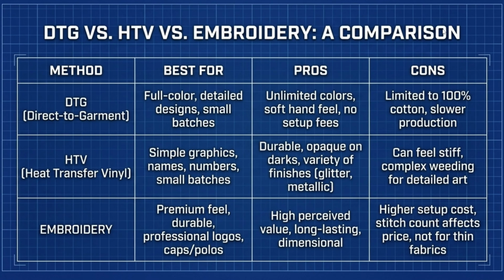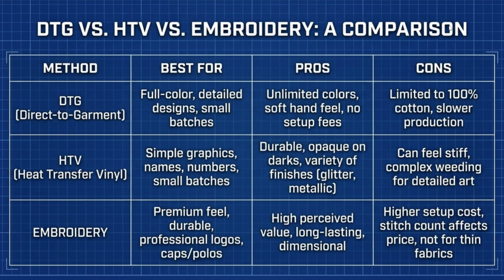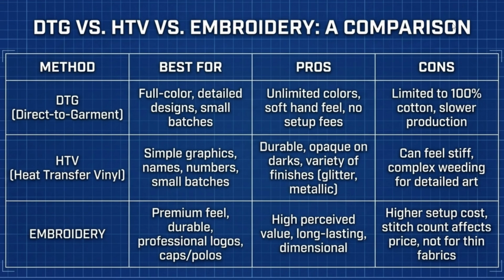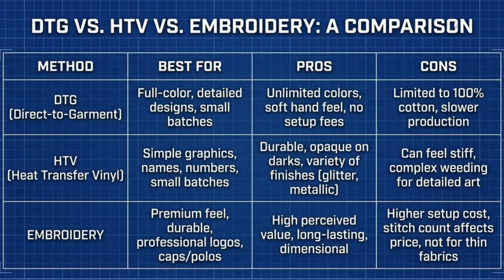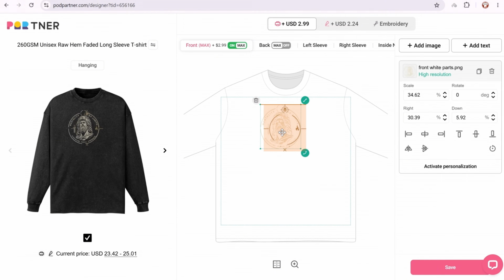And of course, it would be very difficult to find a platform that provides all the print techniques on one single product. So if you try mapping that onto a typical print-on-demand dashboard, you physically cannot select embroidery for a sleeve graphic while also splitting a chest design into DTG and HTV layers.